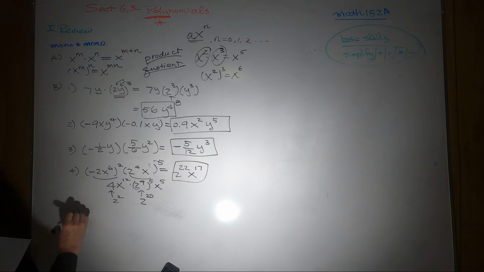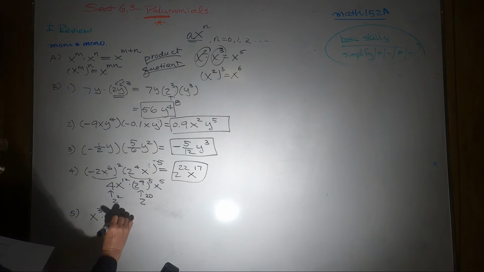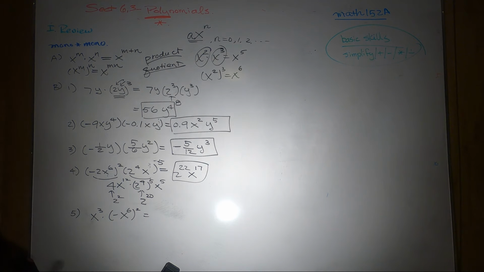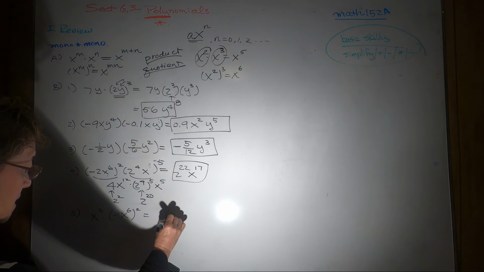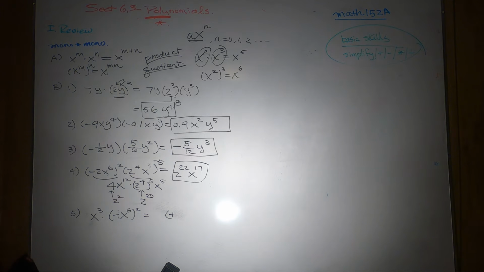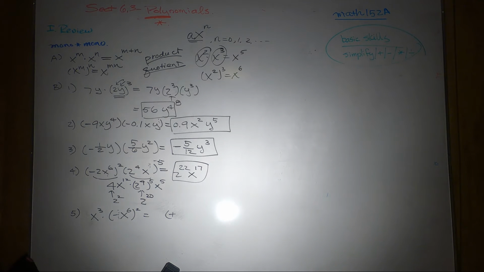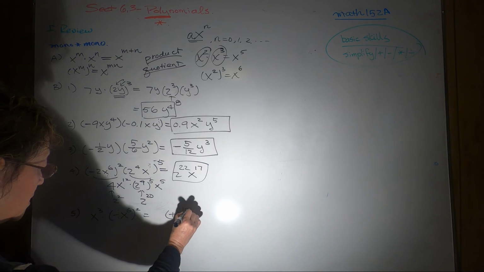Then take a look at the next one. So you need to be careful with your negative. Okay, negative, even times, that would be positive or negative? Even times would be what? Positive. So inside is positive, right? Then x to the 6 to the second power, power on power, multiplying, x to the 12.